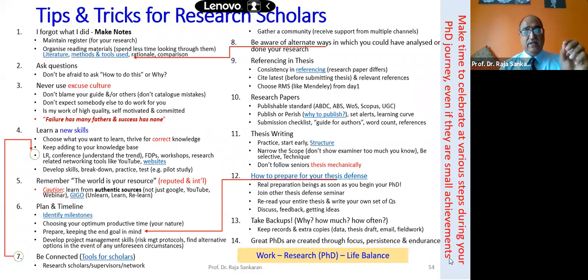So there has to be a balance between the work, the research, as well as the life. So I've added this word, research, apart from work-life balance. Make sure that you enjoy your journey, not getting bogged down and lost in the maze. And that would help you keep up a good motivation.